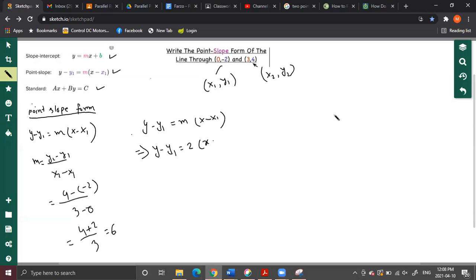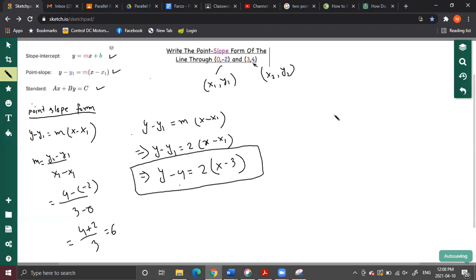We're substituting m with 2, and now we'll substitute the point. y1 in this case is 4, and x1 will be 3. So this is the line equation in point slope form.